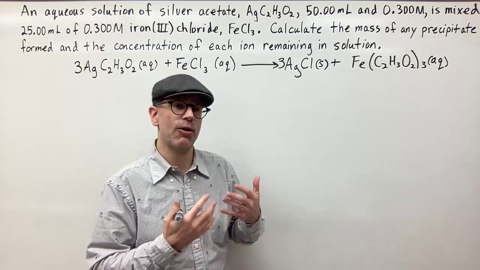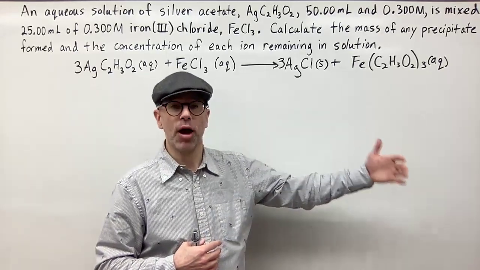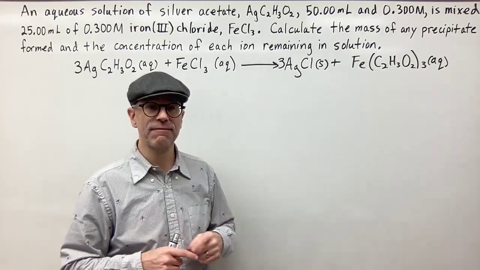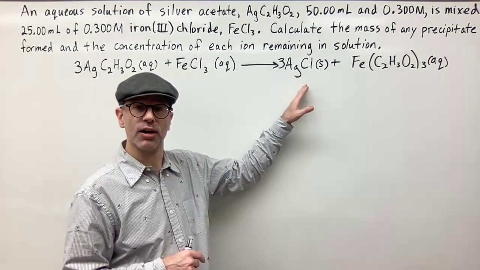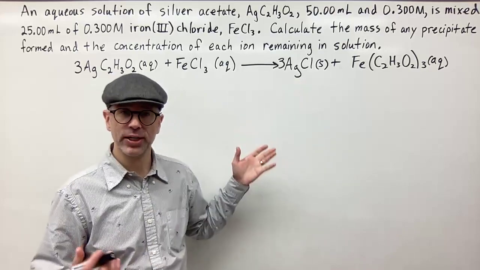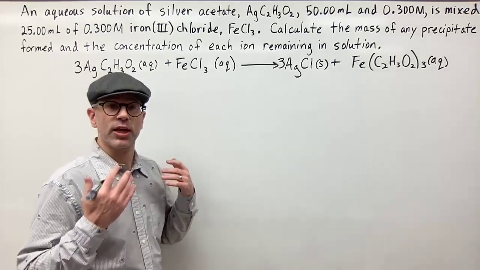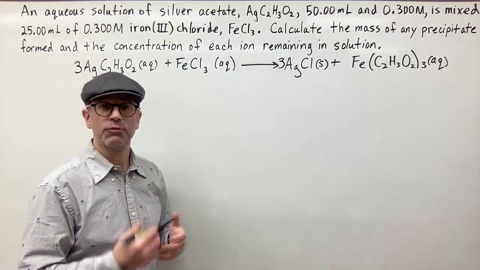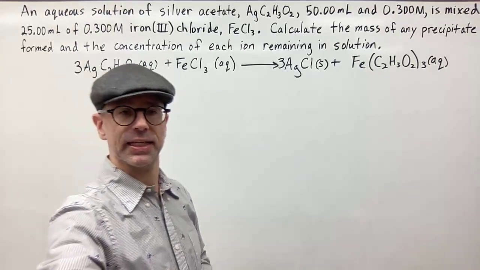And if it runs out first, then it's going to limit the amount of product that can be formed. And so the limiting reagent is identified as the one that gives us the lesser amount of the product that is formed. Okay, so let's go ahead and do that. So we're going to use stoichiometry to find the amount of silver chloride formed from each of these reactants. So let's get into this.